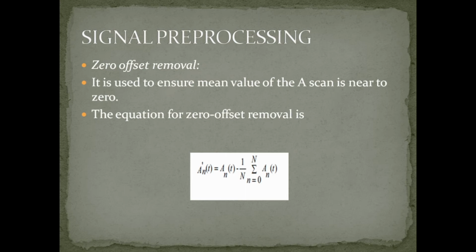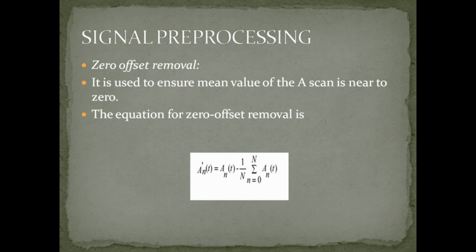Next is signal preprocessing. What type of signal preprocessing have they used in this project? First is zero offset removal. Zero offset removal ensures that the mean value of the A-scan is nearly or equal to 0.